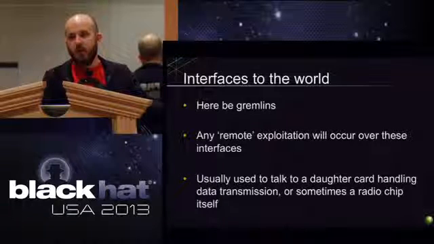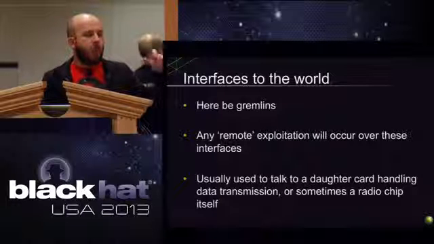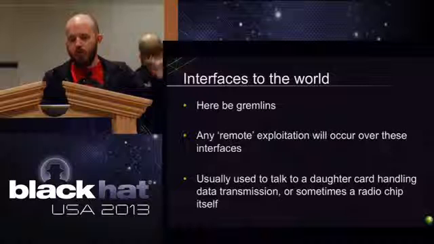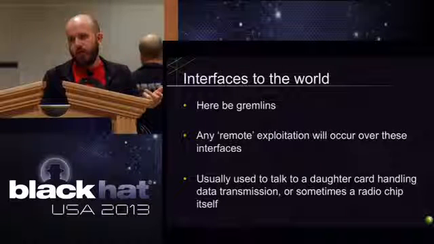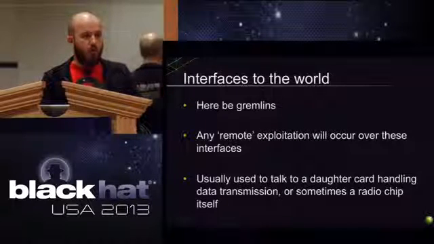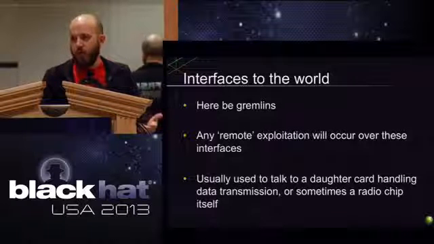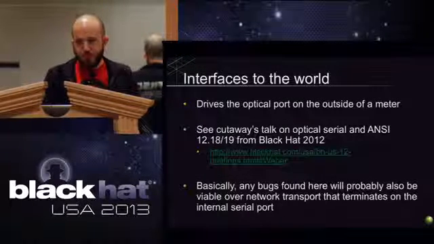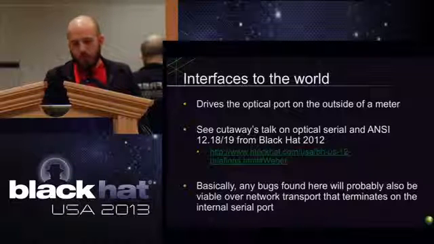Cutaways talked about finding bugs at least over that optical port, on that side. There's another serial port on the other side of this that talks to the world, and whatever is handling that, that's where your problems are going to be. Plug in Cutaways' talk.